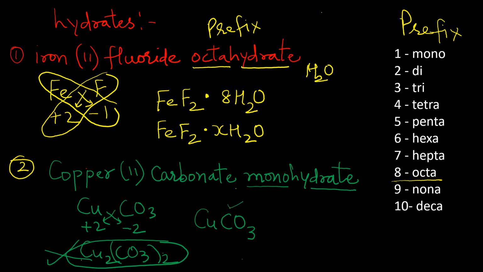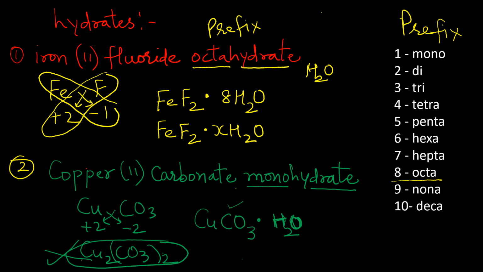All right. Monohydrate means just one water molecule. So we'll write just one water molecule. You can specify one or you don't, that's still fine. So this is copper(II) carbonate monohydrate. Clear? That's how we write the formulas for the hydrates.